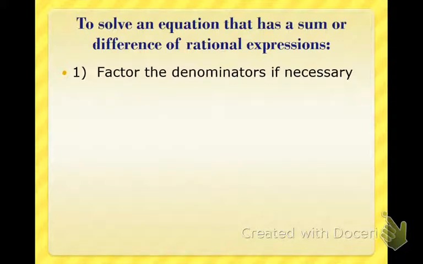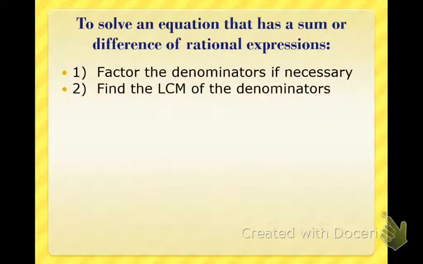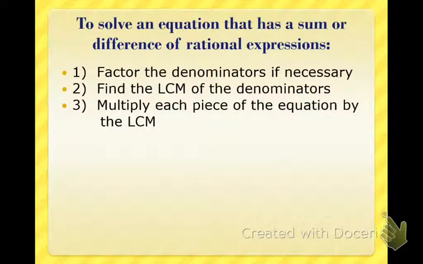All right. First step, factor the denominators if necessary. That's nothing new. Find the least common multiple, or LCM, of the denominators. Again, that's not really new. That's something that we've done. This is where it gets a little bit different. Multiply each piece of the equation by the least common multiple, or the LCM.